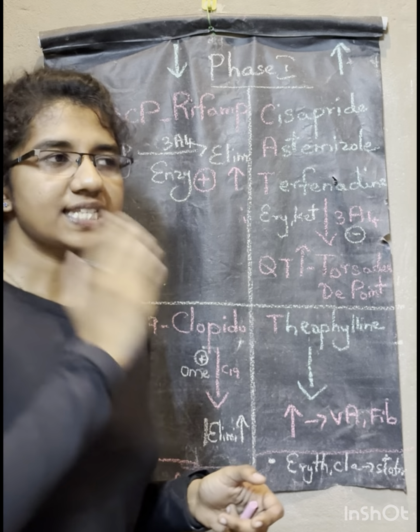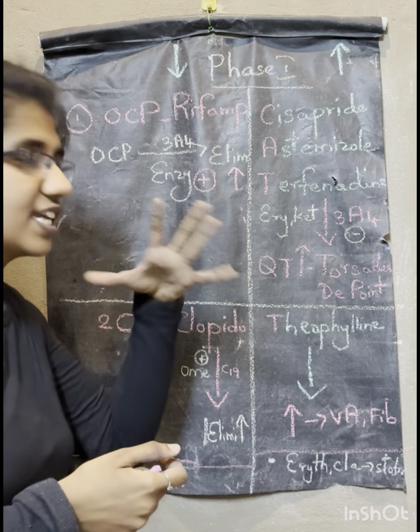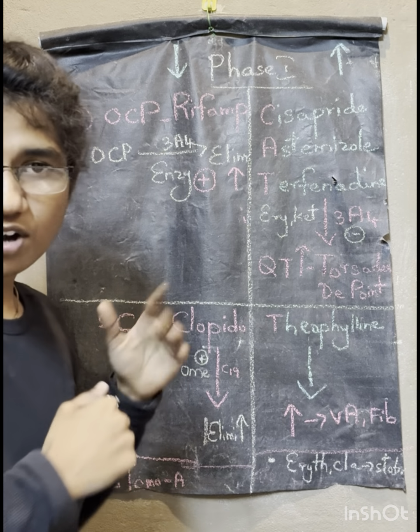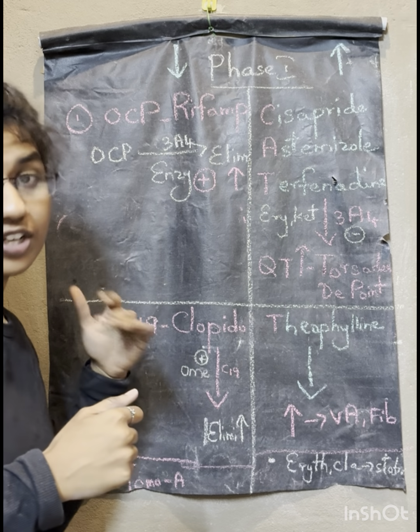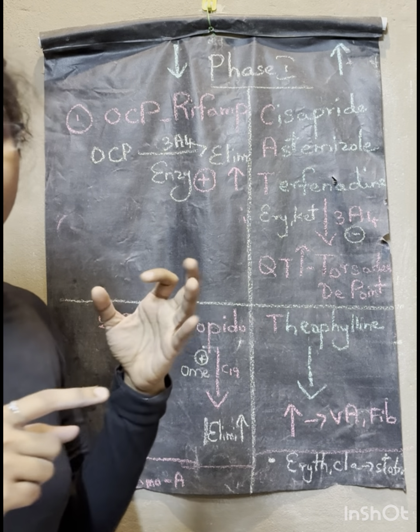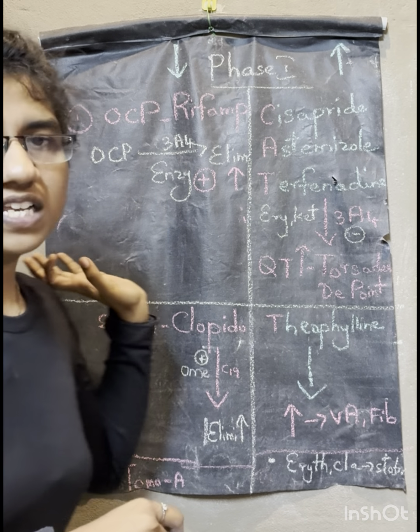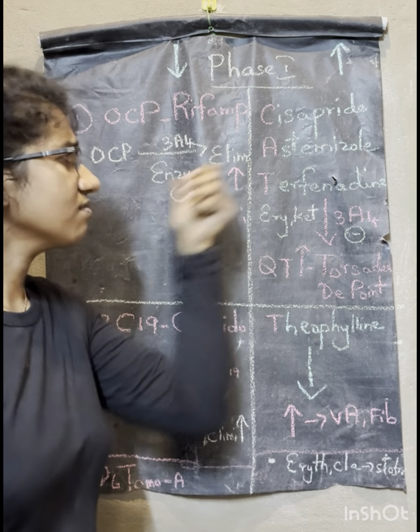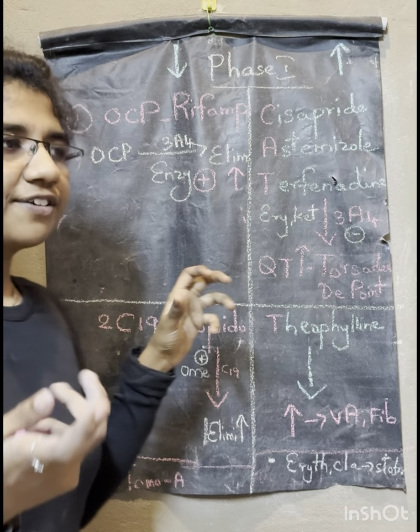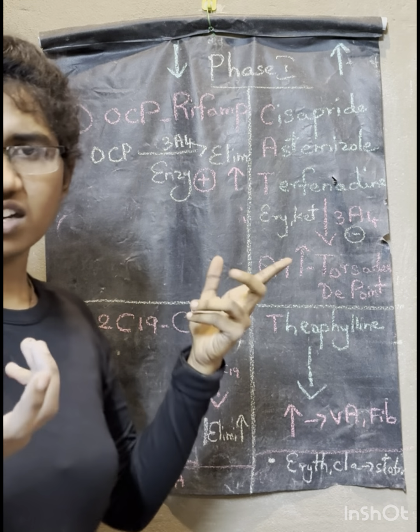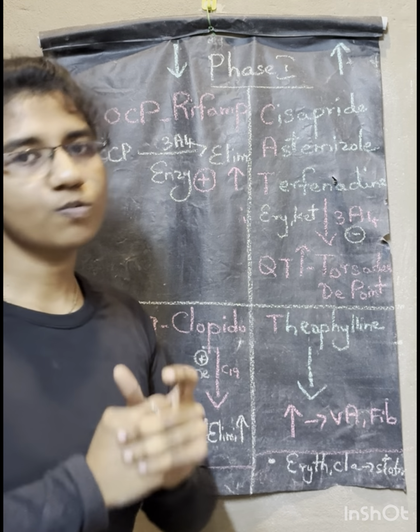Next we'll see about enzyme inducers and inhibitors application. It's not only important for exams, it's important for MCQs and also as a clinician it's very important to know, because for example a female is on OC pills and she got TB, and if we are prescribing rifampicin, it's obviously a first line anti-tubercular drug.